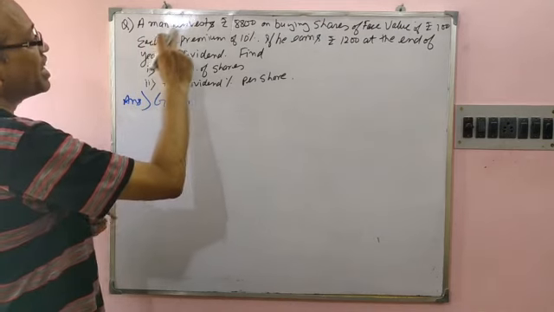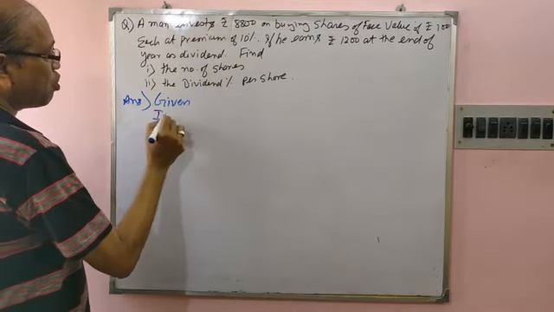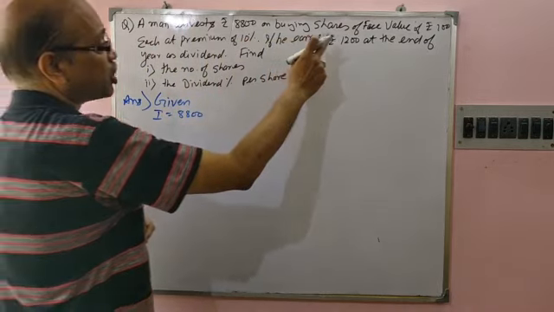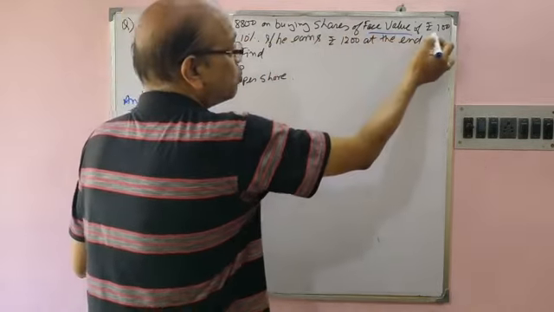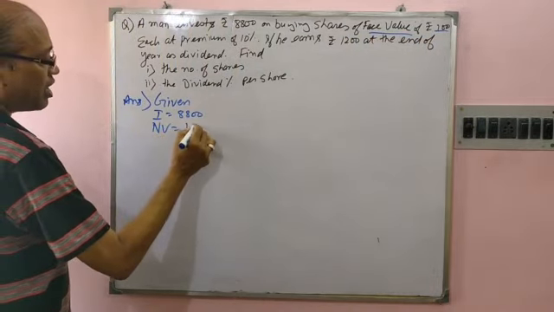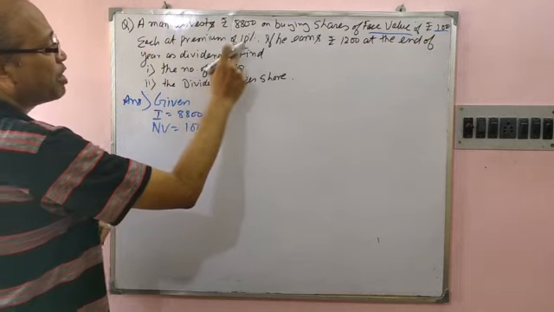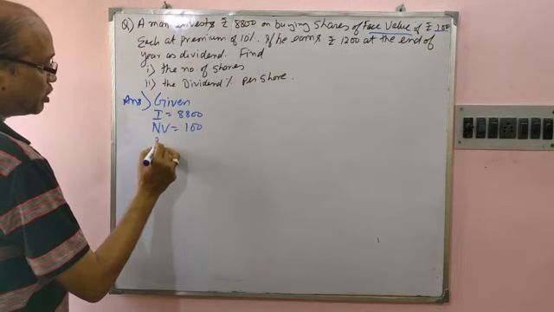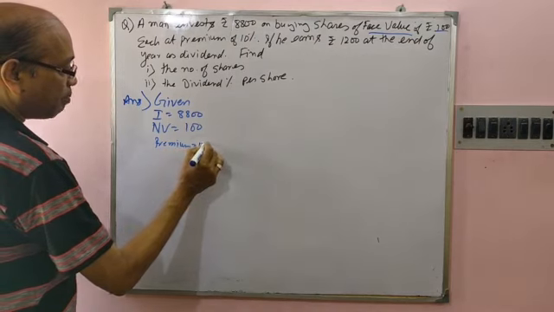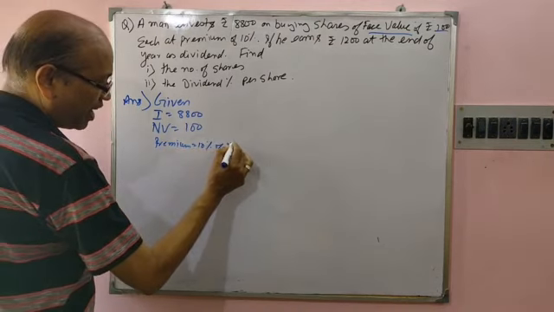What is given? Investment is given: 8800 on buying shares of face value rupees 100. That means nominal value is rupees 100 at a premium of 10%. That is, premium is equal to 10% of nominal value.